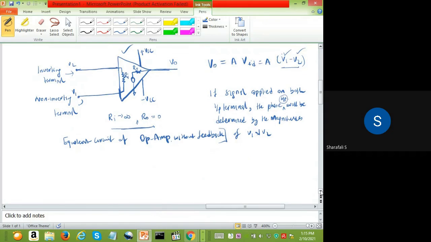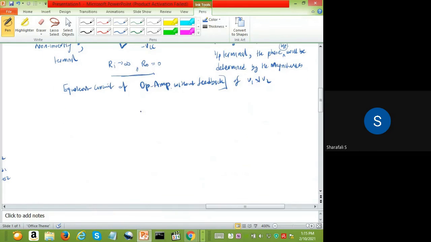And if you draw that output, you get it like this. So this is your VID, the difference voltage.